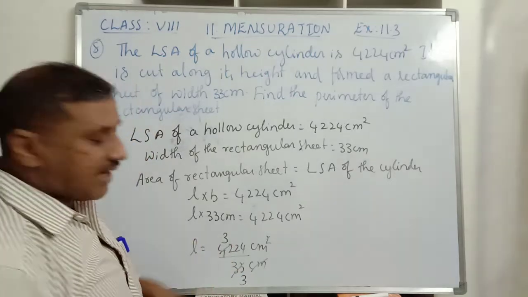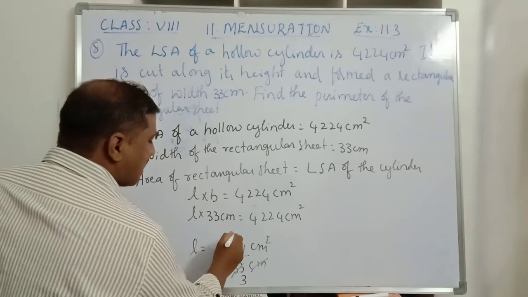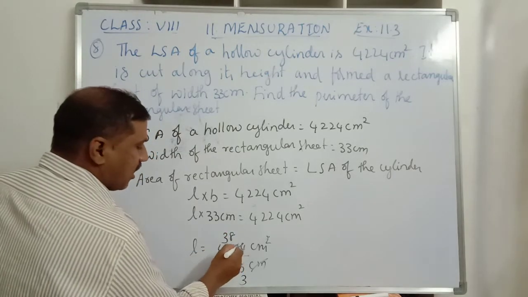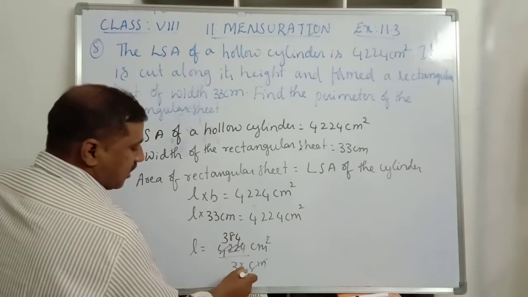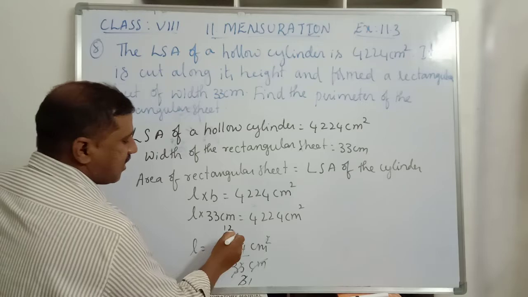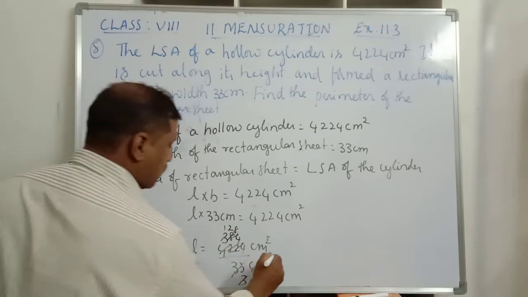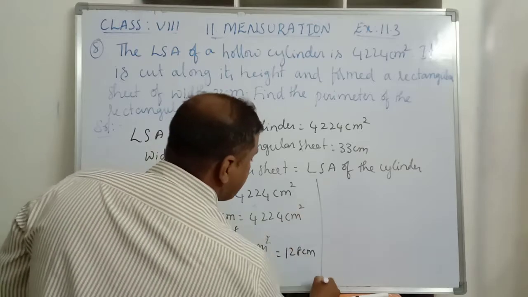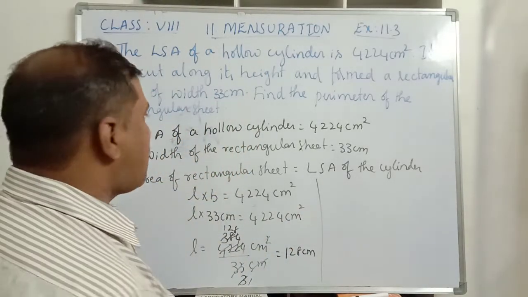You'll get 9, 92. 11 8s are 88. 92 minus 88 is 4, with 4 it is 44. 11 4s are 44. So how much is it? 128 centimeters is the length of the rectangular sheet.